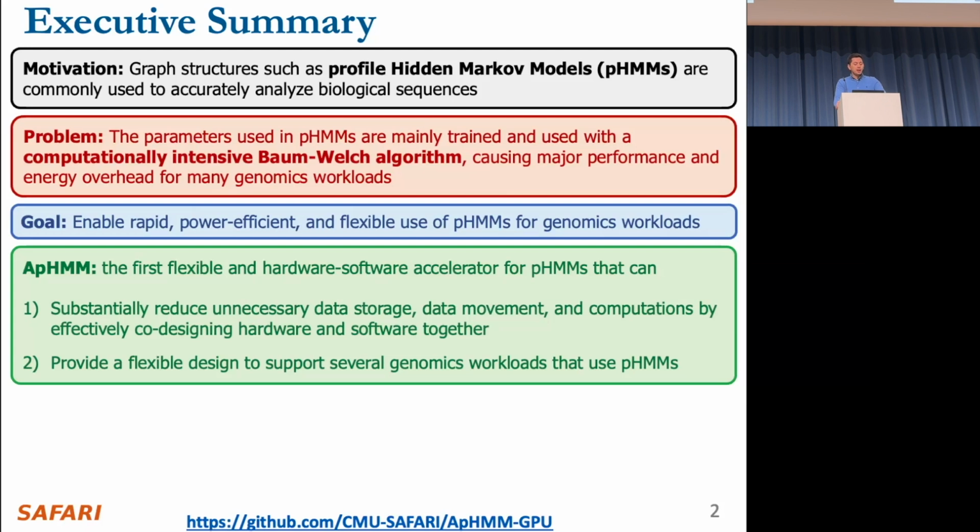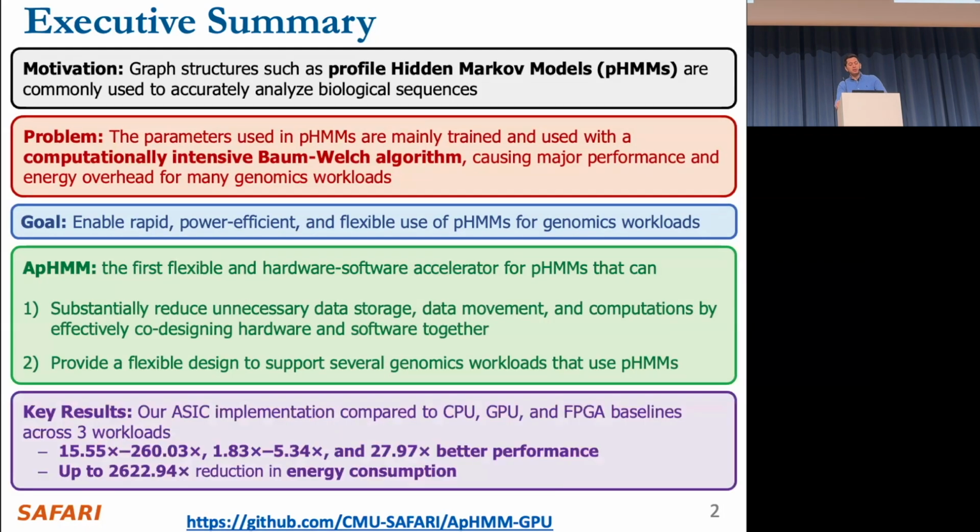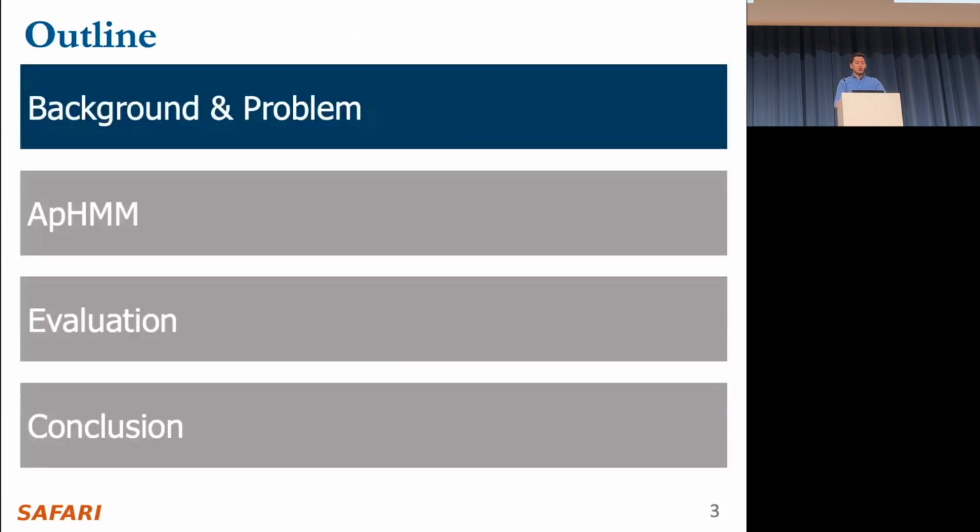We also provide a flexible design to support several genomics workloads that use profile hidden Markov models. We do an extensive evaluation, and our ASIC implementation compared to some CPU, GPU, and FPGA baselines across many different workloads shows that ApHMM provides significant speedups and also significant improvements in energy consumption.